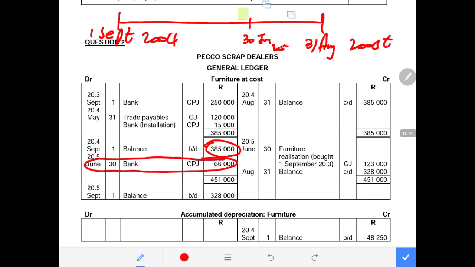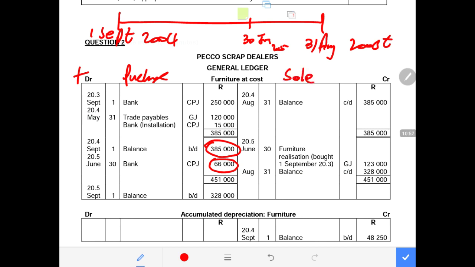It was a purchase of an item of furniture, meaning we bought furniture. Remember, furniture increases on the debit side because it's an asset. So the minute we see a transaction on the debit side, it indicates that there was a purchase of this item. And if we see a transaction on the credit side, there must have been a sale or a disposal, meaning furniture must have been disposed.